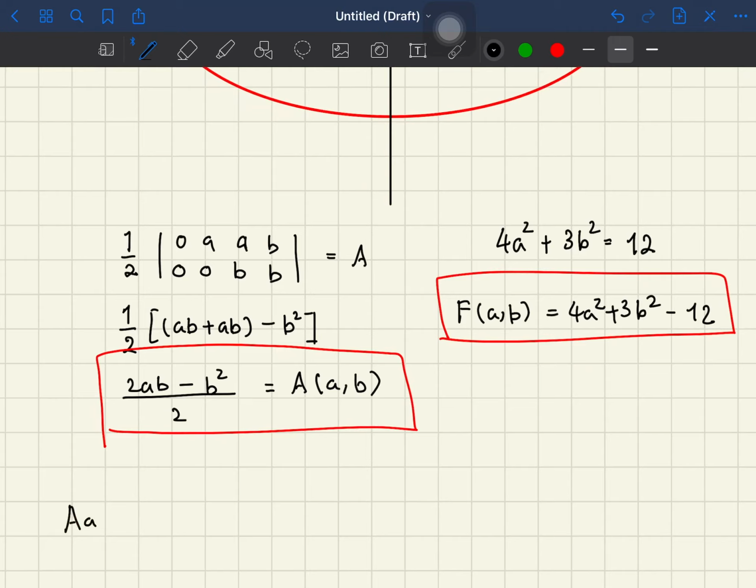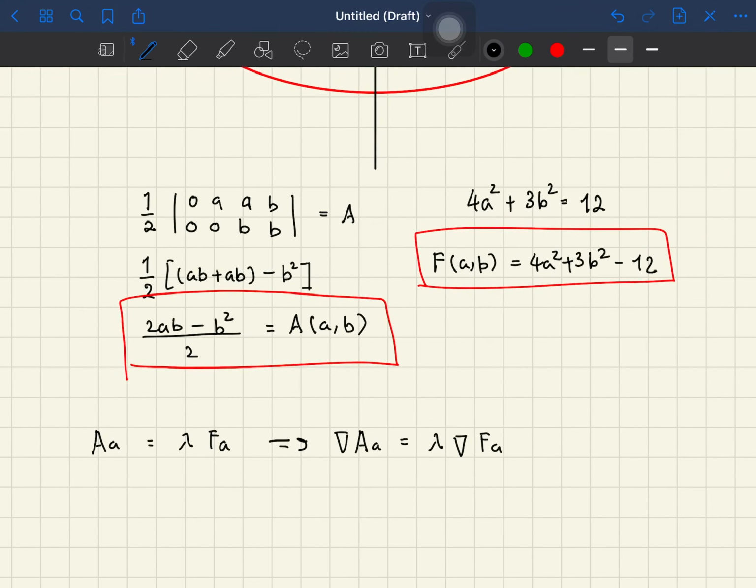So nabla A with respect to a equals to lambda nabla f with respect to a, and then in this case, just differentiate with respect to a, and you will get here b. Because if you just try to separate this fraction, you will get ab minus b squared over 2. Differentiating it, you result in b only, because b squared over 2 is a constant.